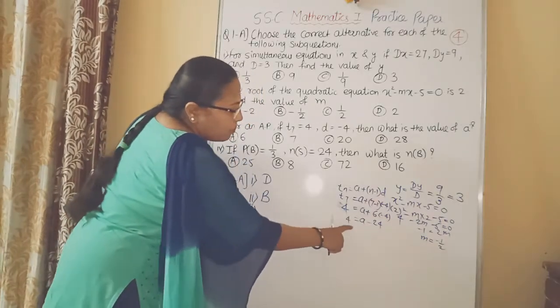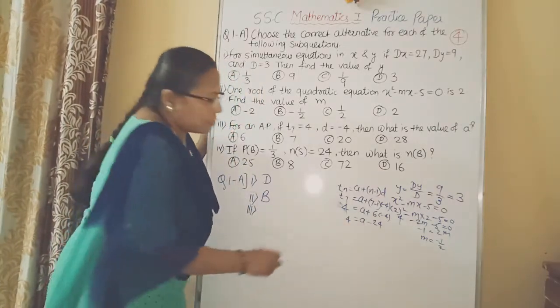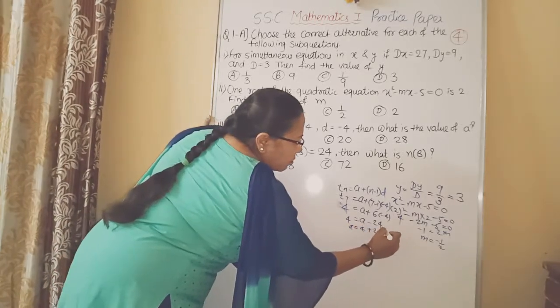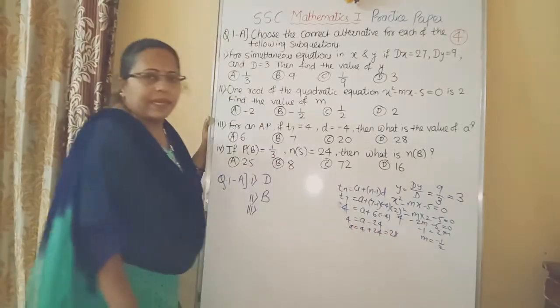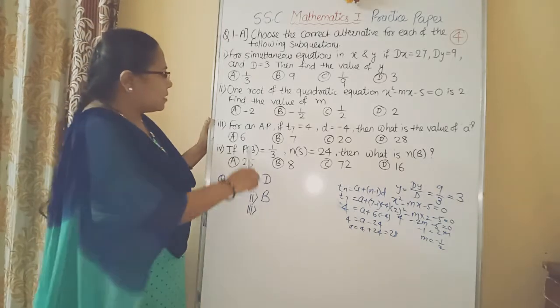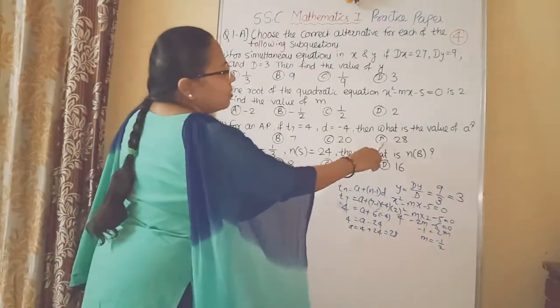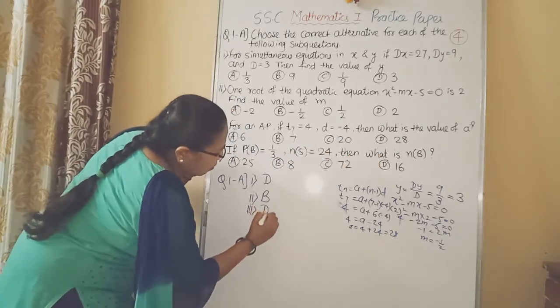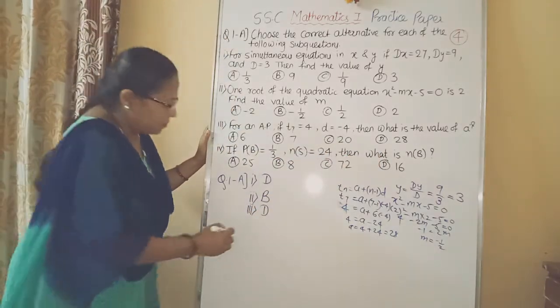Take minus 24 on this side, plus 24. So A is equal to 4 plus 24, which is equal to 28. So A is equal to 28. Option number D. So write here option number D.